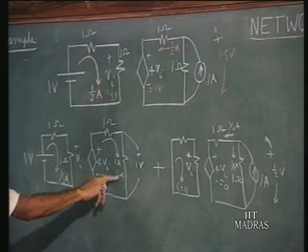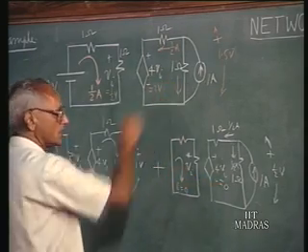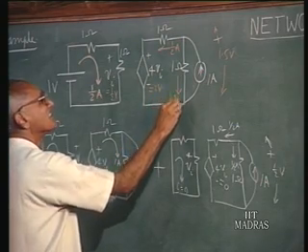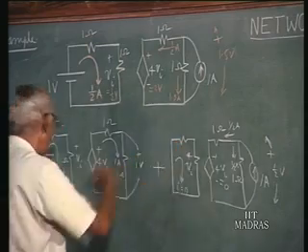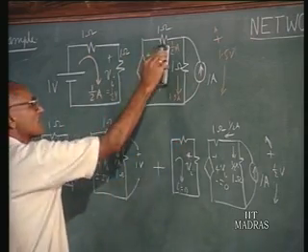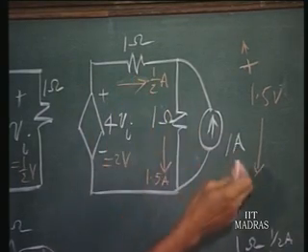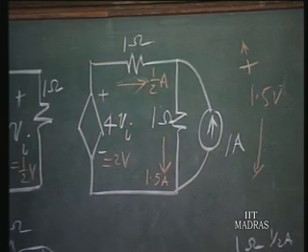The current in this element is 1 ampere here, half an ampere here, therefore this is 1.5 amperes. And this must be, because 1 ampere in this direction, half an ampere in the other direction, this current must be half an ampere in this direction. So this half ampere and this 1 ampere together will go as 1.5 amperes in this 1 ohm resistance.